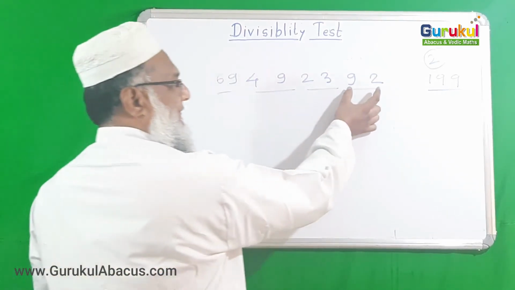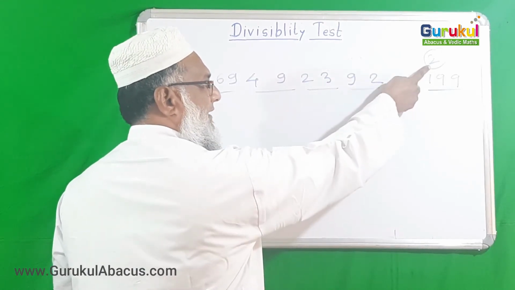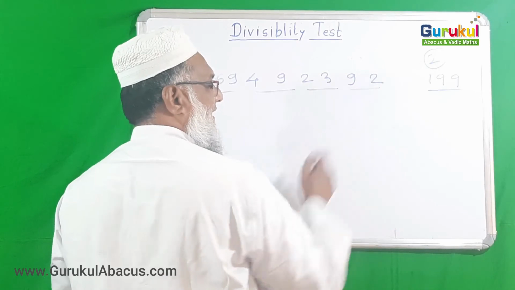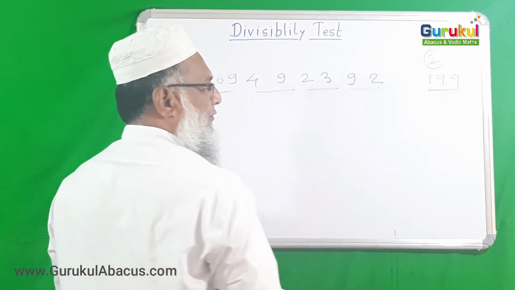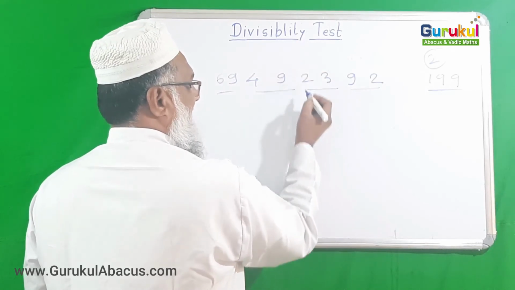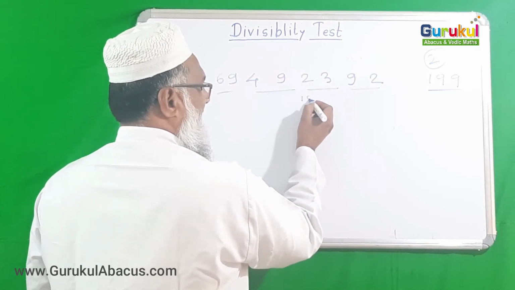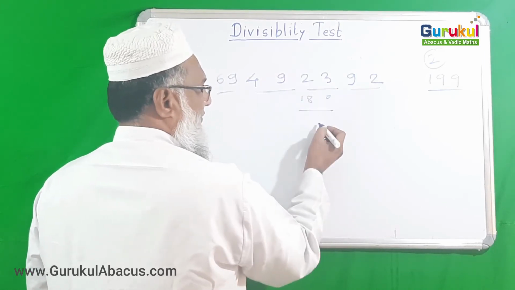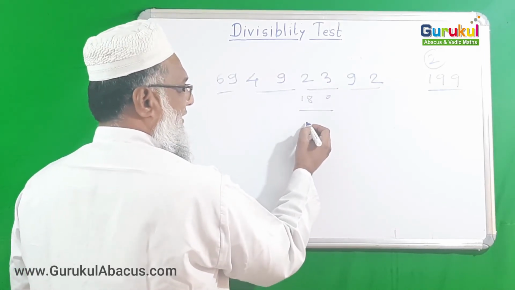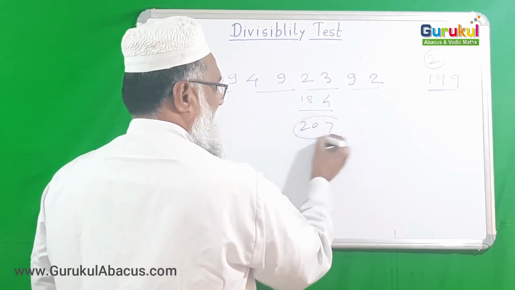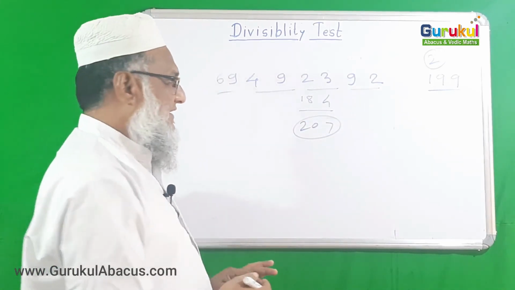And now multiply the first group by ekadika. Then 92 into 2 is 184. That I am writing here, 184. Now 184 and 23 together we are getting 207.